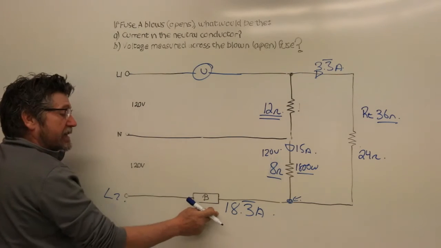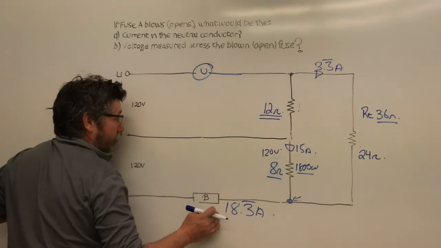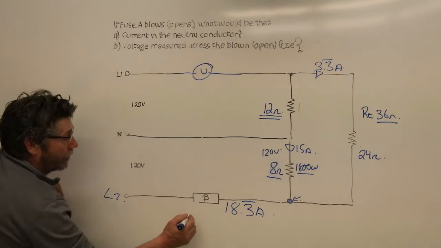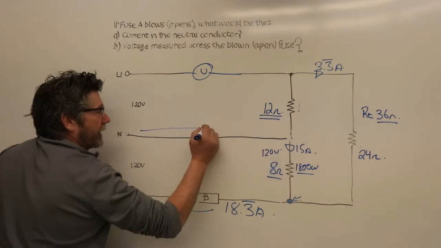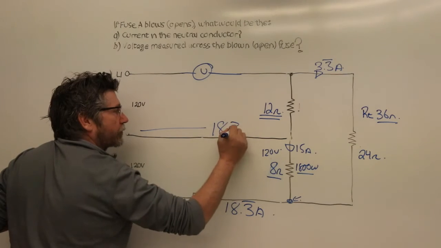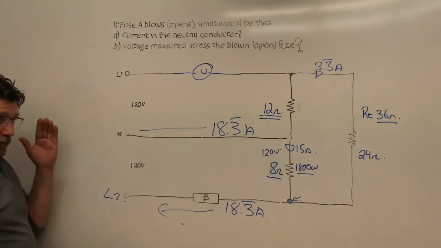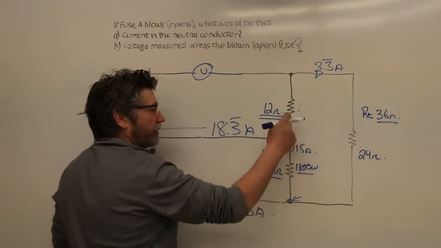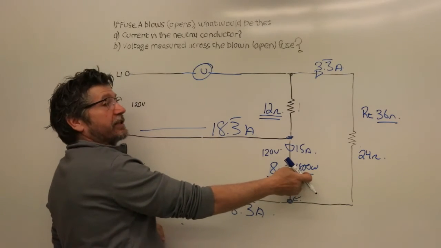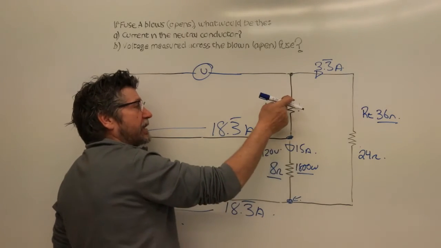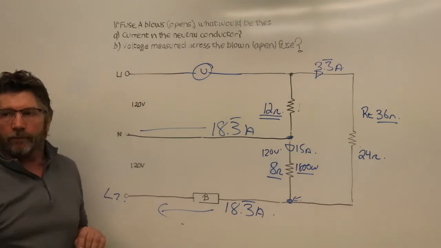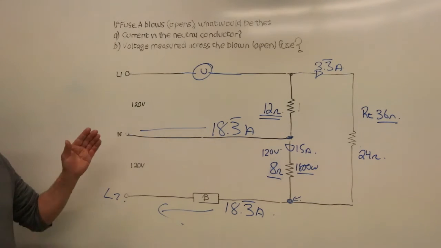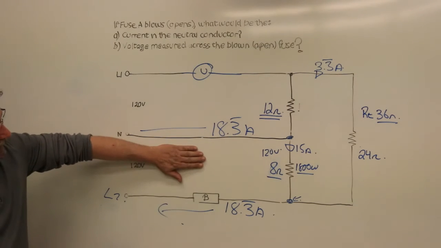If I've got 18.3 repeating amps and a 2-wire system now coming home, going out there, I have to have 18.3 repeating amps. We agree? It gets to this node. 15 goes through this, which is working just fine. These, however, have different voltage drops over them. Let's go back, we've calculated that out.